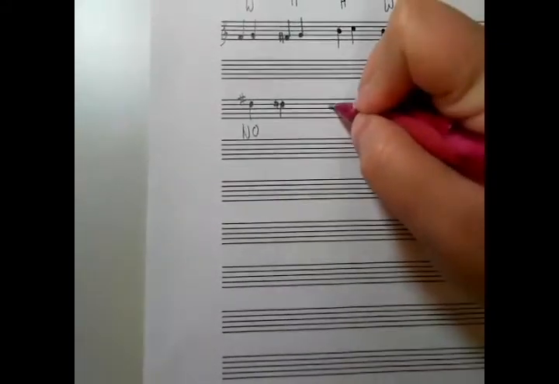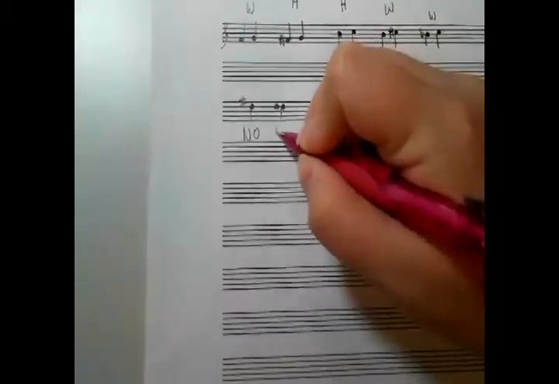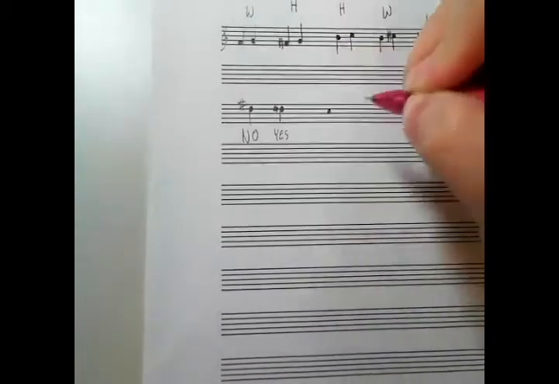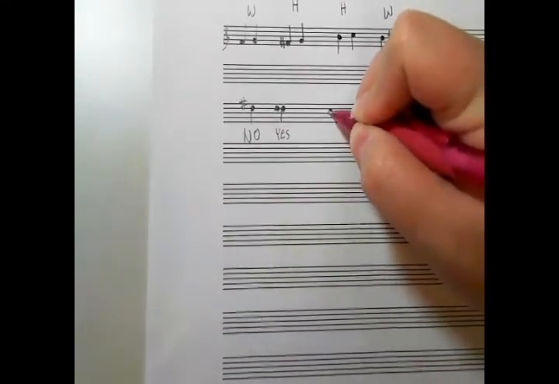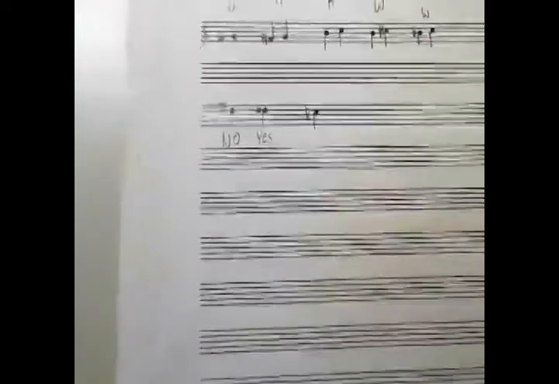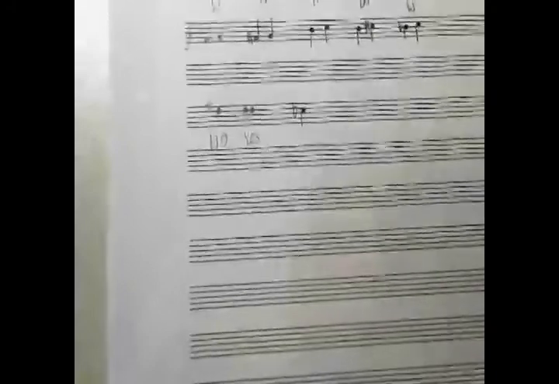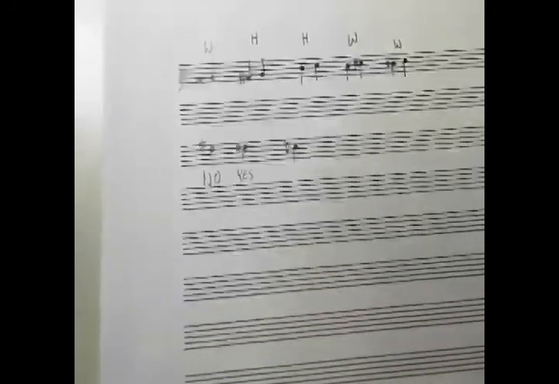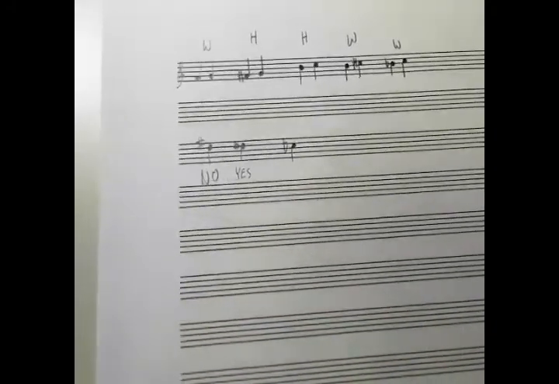If I did a flat, if I made my accidental too big, same thing with making your note too big. It's really hard to tell what note I'm actually talking about with that flat.